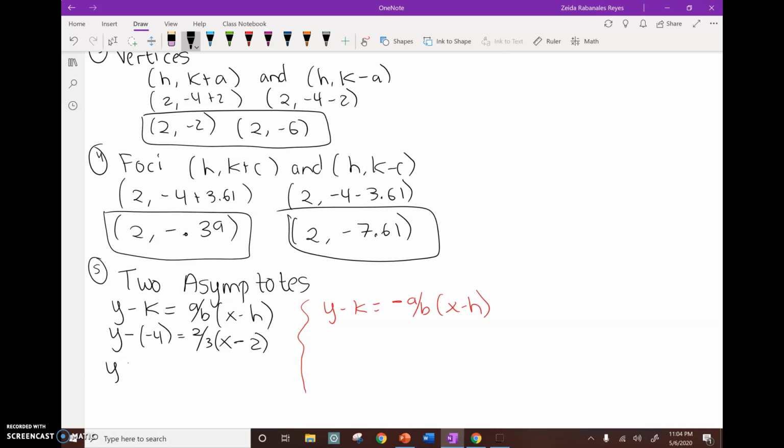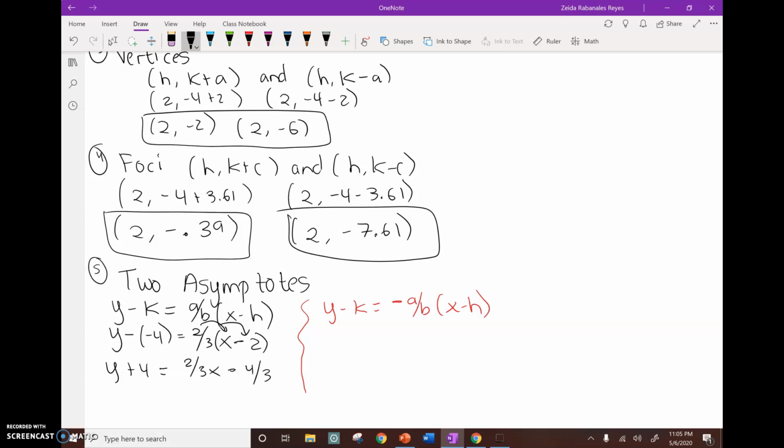So then I get plus 4. Distribute, this is the point slope formula from geometry. I know it's been a while, but this gives us the equation of the line. So then I have 2/3 x minus 4 over 3.